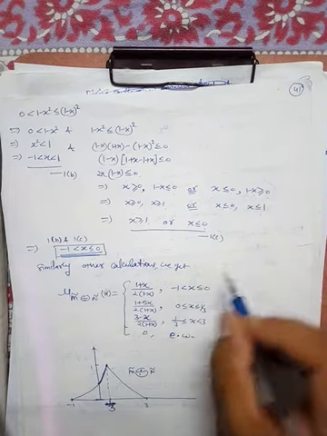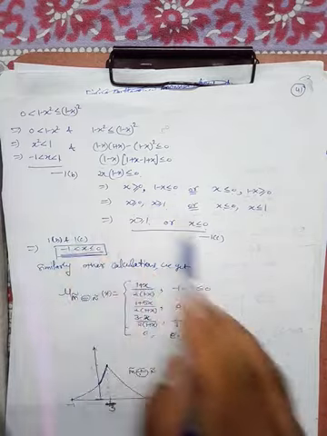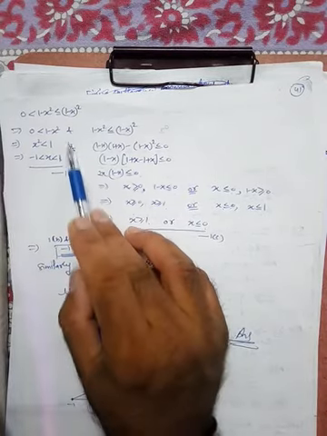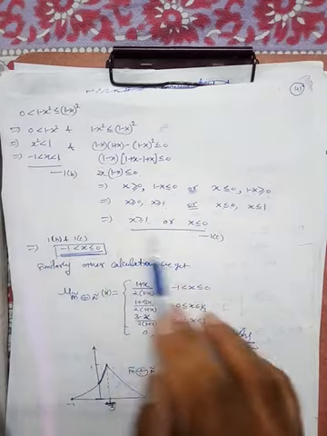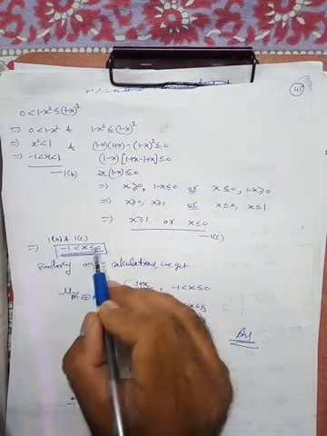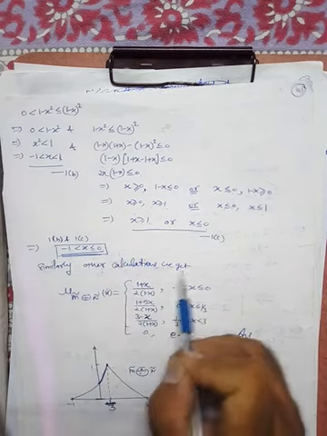Okay, so we have this range and this. Among these two, when you take the intersection, because they are connected by and, the intersection will provide you the range minus 1 to x less than or equal to 0. Okay, similarly for the other calculation.